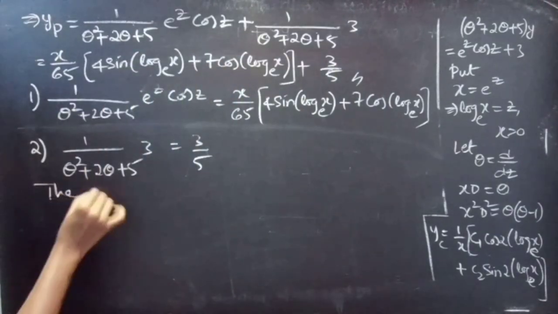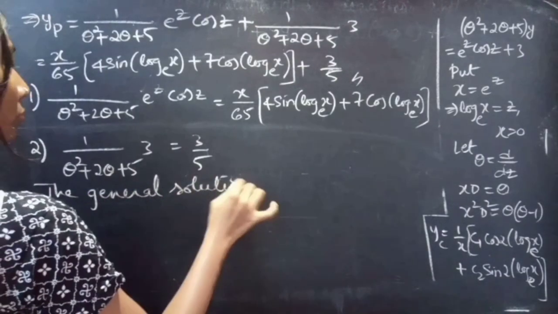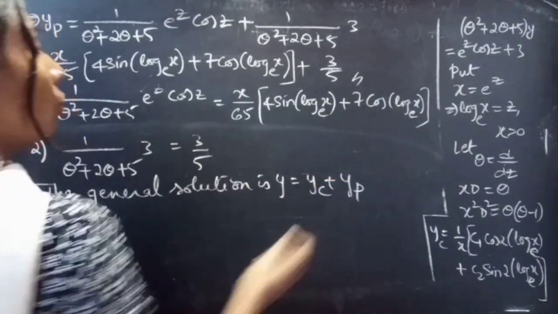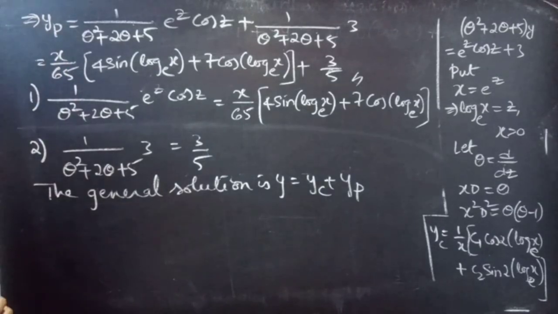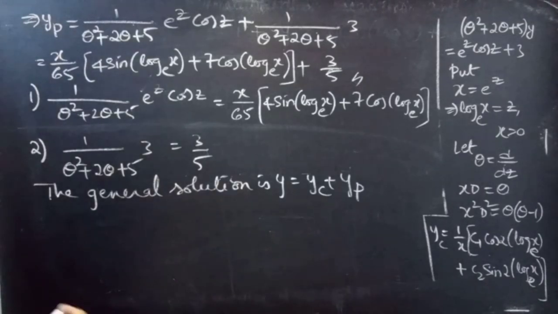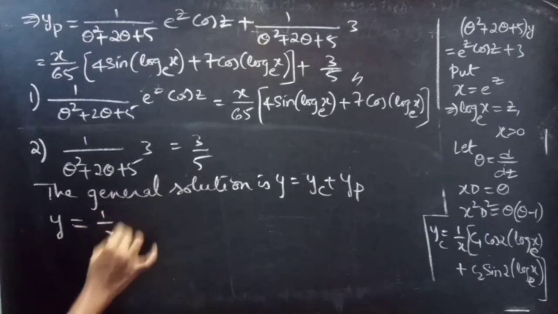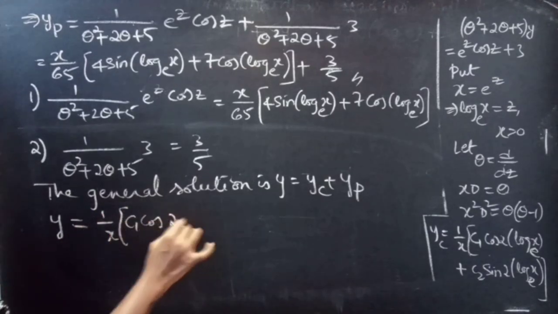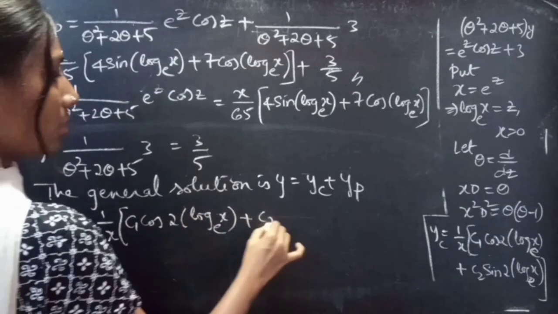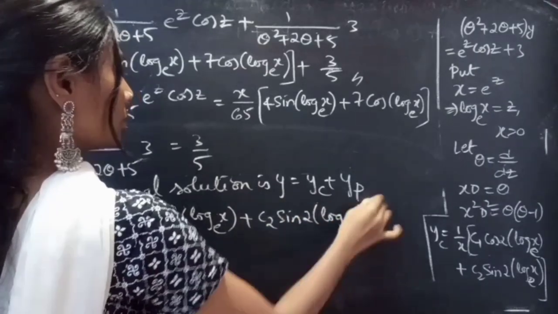The general solution is given by y equals yc plus yp. We have yc and yp in terms of x, right? We have changed in terms of x. So let's replace them. We'll get y equals yc, 1 by x into (c1 cos 2 into log x to the base e plus c2 sine 2 into log x to the base e).